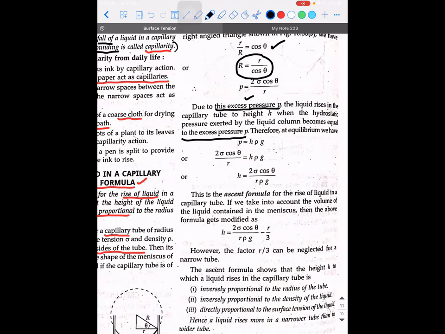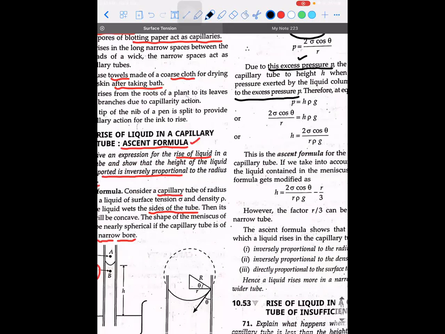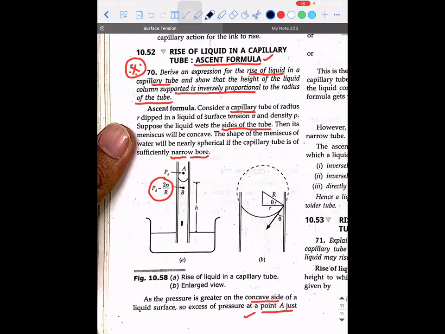The liquid rises slowly. It is not a single process where, as soon as you immerse it, it goes to this height. It takes some time for the liquid at the surface to travel to this height h.